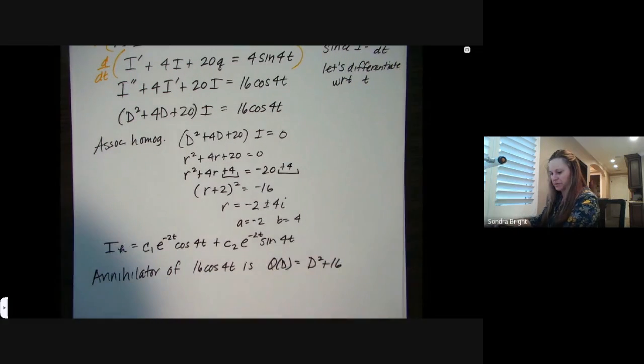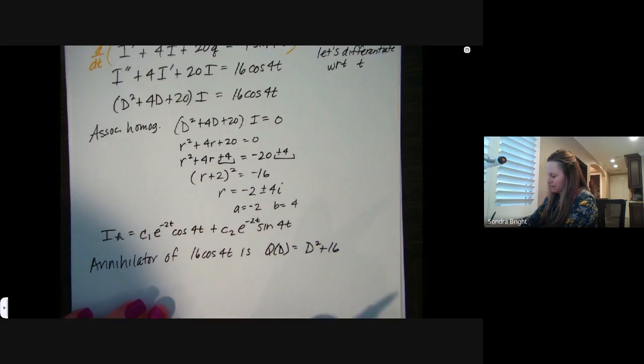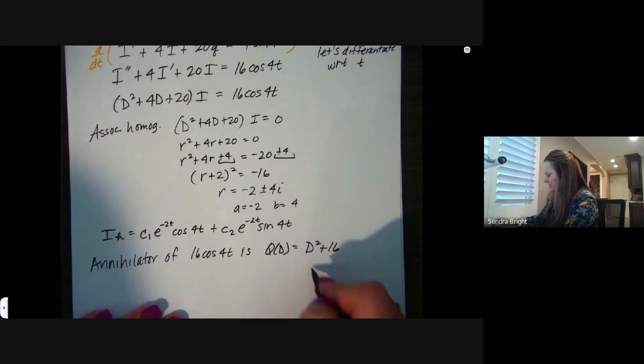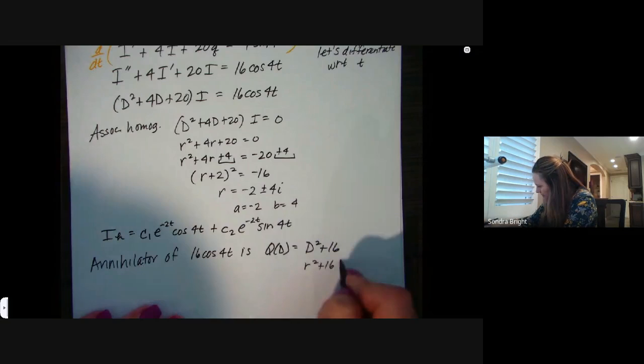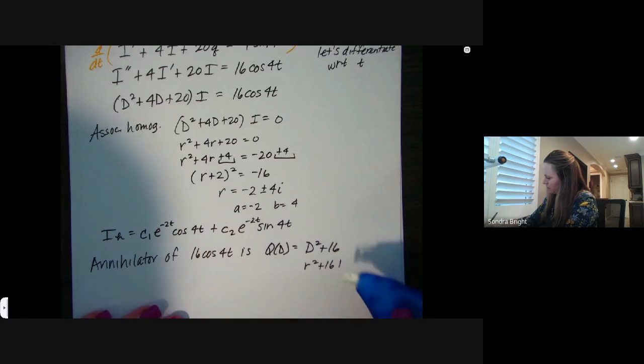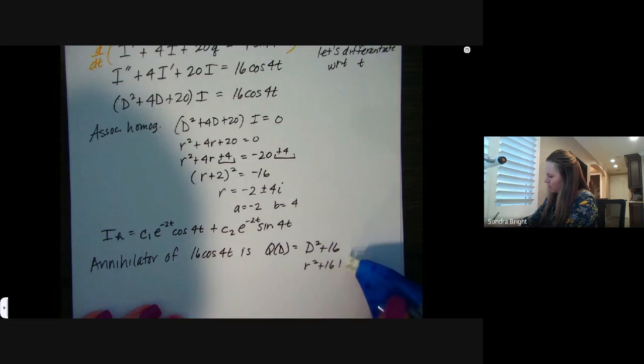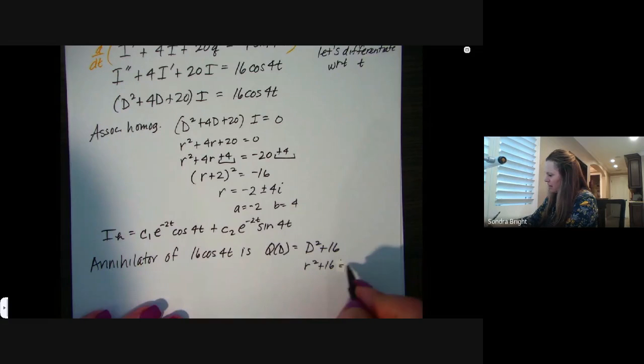You can confirm it yourself if you need to. All right, so that means that if I've got r squared plus 16 equals 0, find my roots, then r would equal plus or minus 4i, which means your a is 0 and your b is 4.